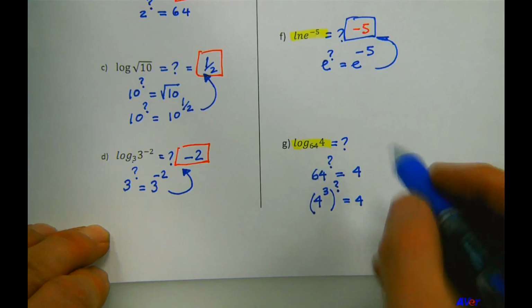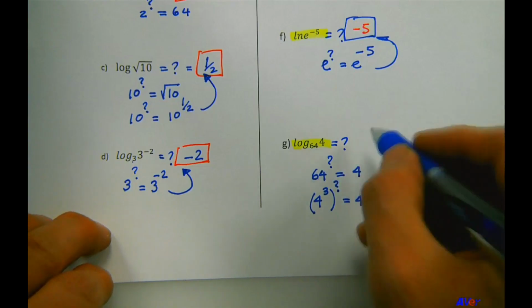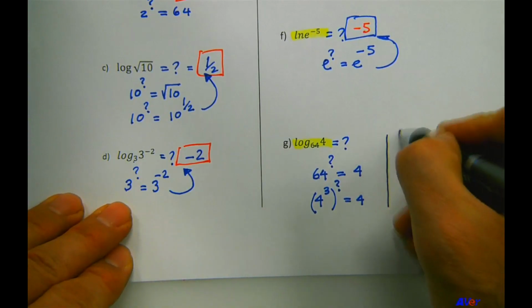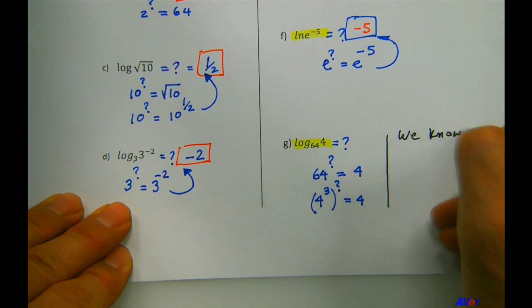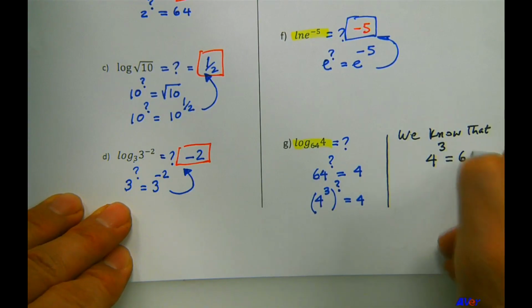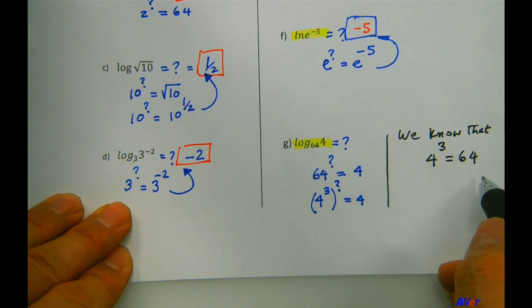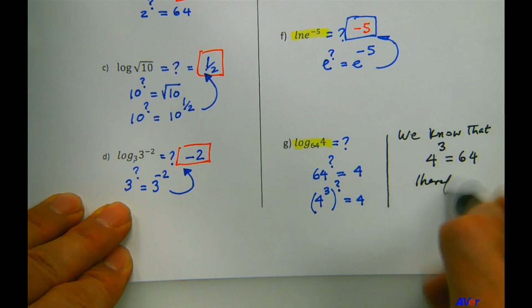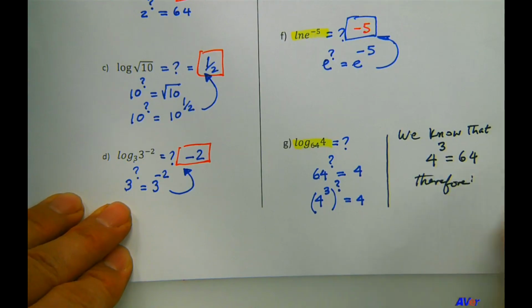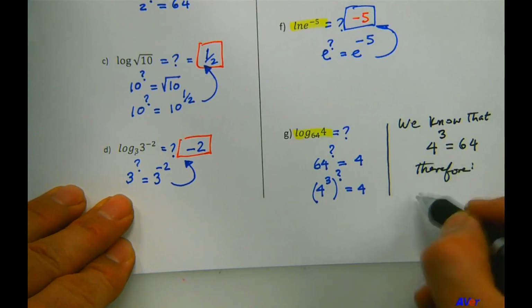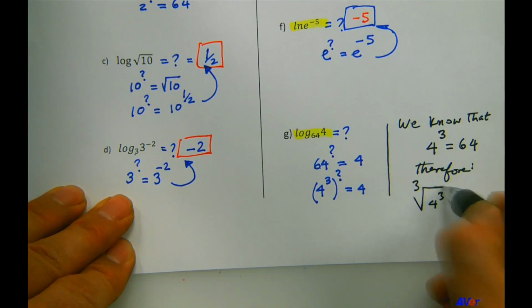So let me revise this, because, well, let me write it here. So I'm going to add something here. We know that 4 cubed is 64. Okay? Therefore, cube root of 64 is 4.